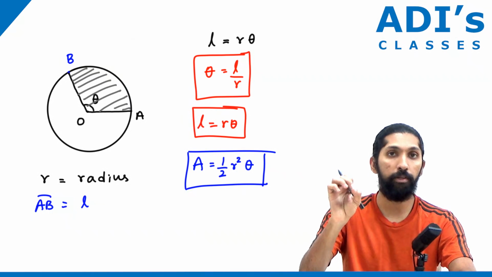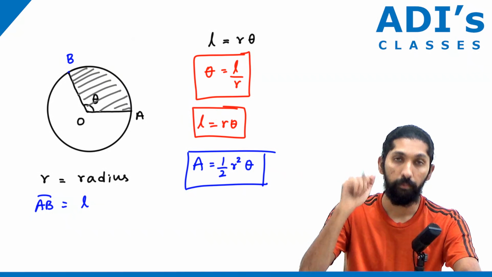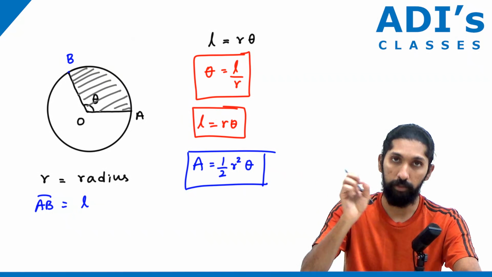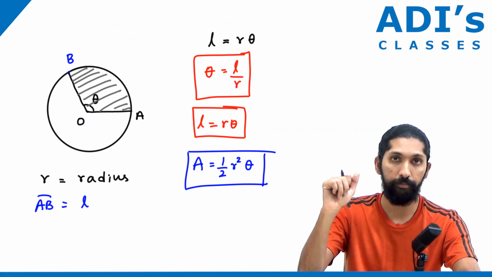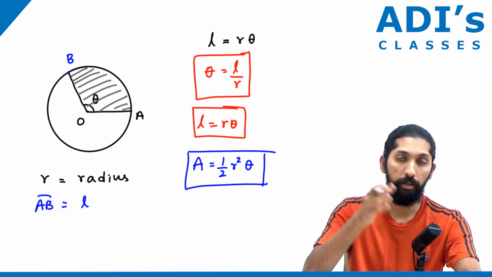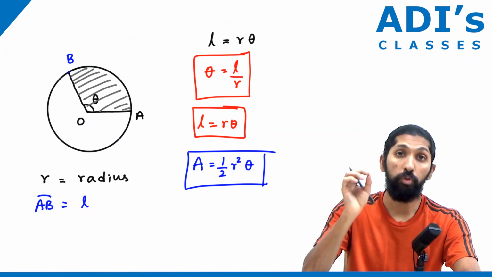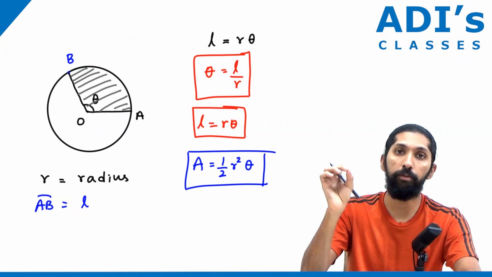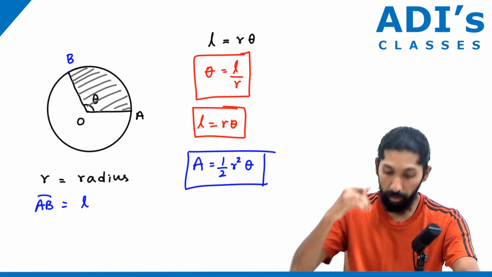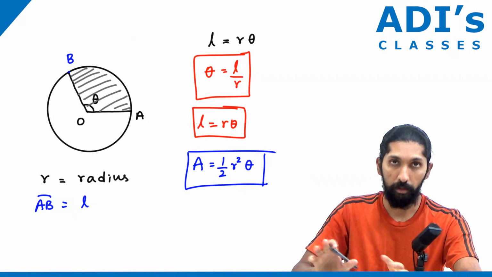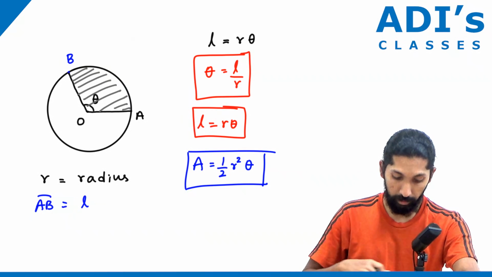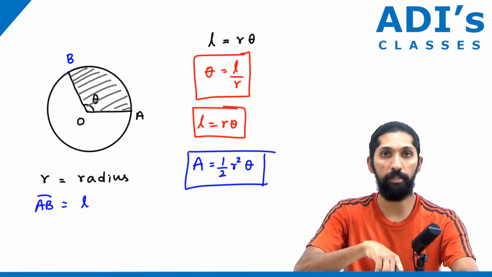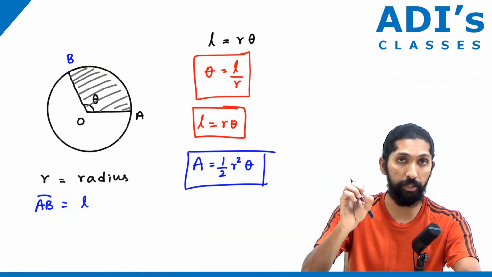Suppose theta is given in terms of degree, we have to convert it into radian. In the last video, we did the conversion, theta degree to radian and radian to degree. So use that conversion, convert into radian, and only then you will be able to use these two formulas. Clear? So these two formulas, whatever you have seen, give a relation.